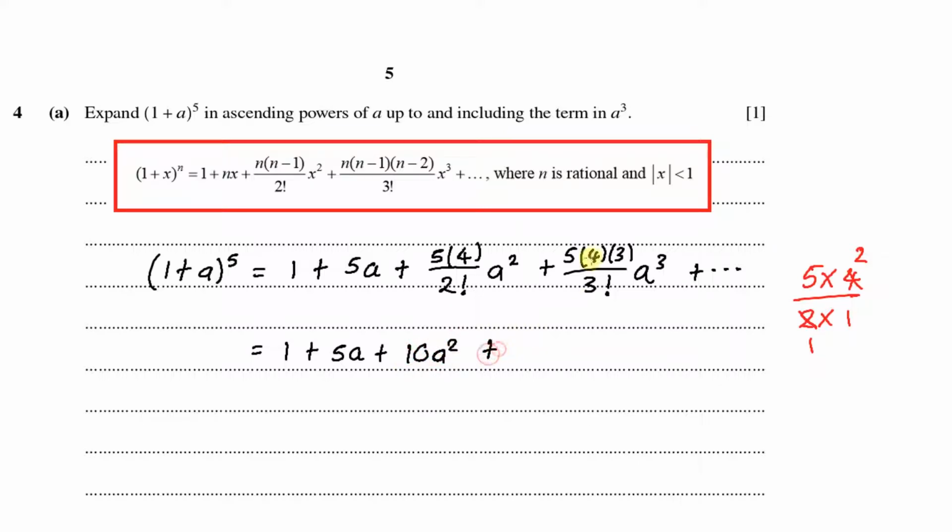Then plus 5 times 4 times 3 over 3 factorial, which is 3 times 2 times 1. So 3 into 3, that's 1; 2 into 4, that's 2. So 5 times 2, that's 10, so that's 10a cubed. So this is what we have eventually. That's the answer to part A.